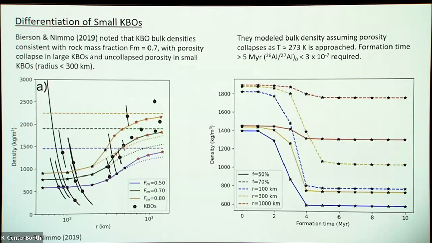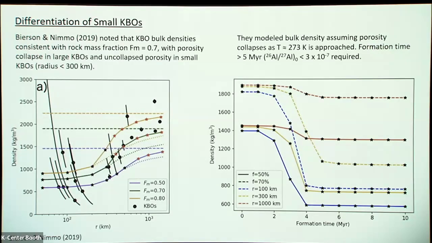So in this plot from that paper, they plot the final densities of different objects with these radii and rock fractions as a function of their time of formation, which is really a statement of how much aluminum-26 they contained at the time of their accretion. So for example, a body with 70% rock and a 300-kilometer radius, this dashed yellow line, they would be dense and they would have collapsed porosity if they formed in the first 4 million years.